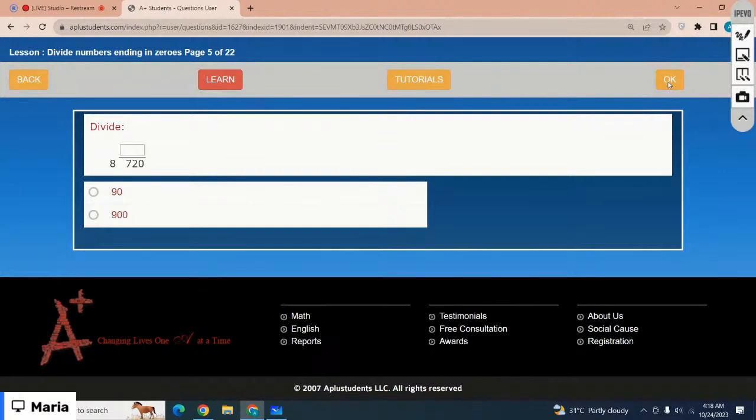Then add a 0. So that would be 90, not 900. How 900? You have just one 0. If you have one 0 with the divisor, the answer also has just one 0. That would be just 90. The correct option is 90. Yes, too easy. That's why your answer is wrong.